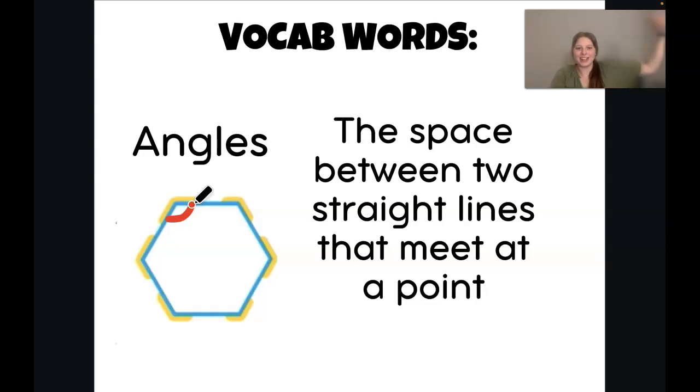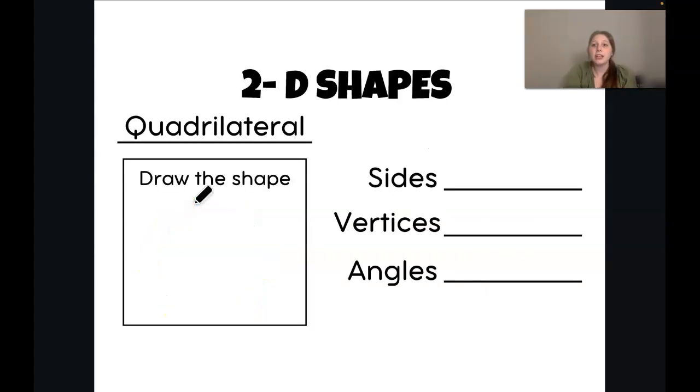Great job, friends. Okay, so if we're looking at a quadrilateral, I'll draw a quadrilateral for us. Can you remind me? Shake your heads yes or no, or give me a thumbs up or thumbs down. Does a quadrilateral have to be a square? No. Great job, friends. A quadrilateral has how many sides?